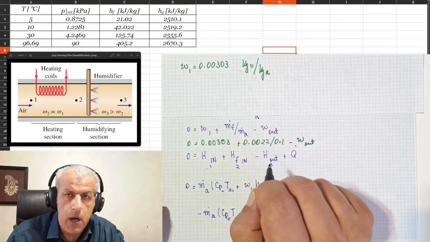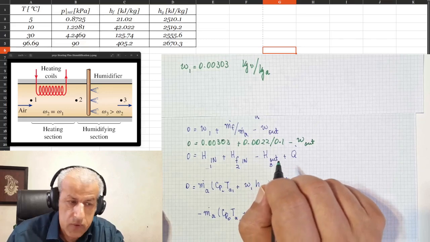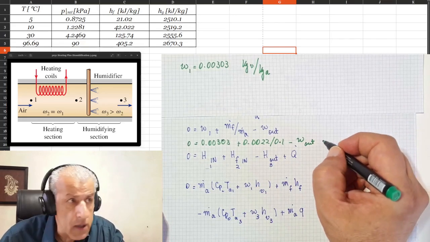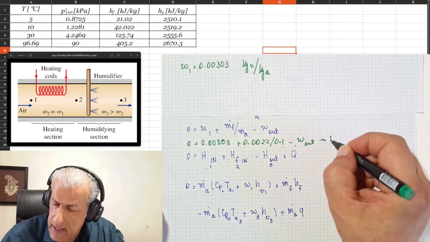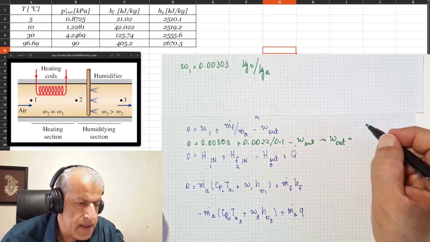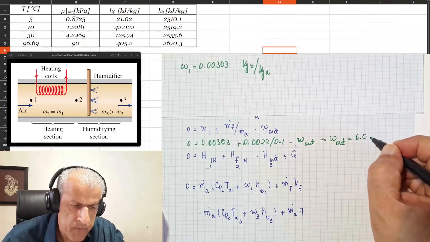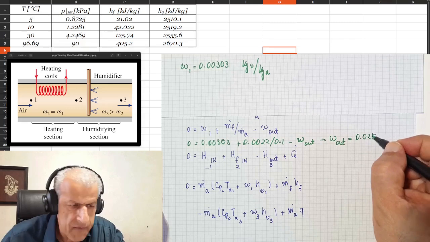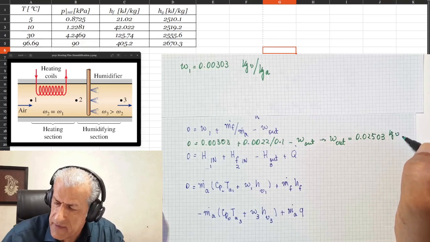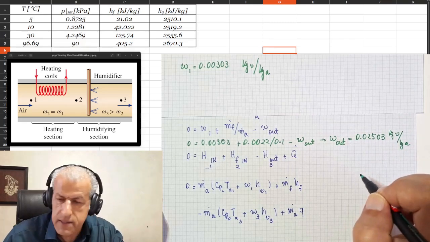The only unknown in this equation is the specific humidity at point 3, the outgoing flow. The conclusion is that W out equals 0.02503 kilograms of vapor per kilogram of air.